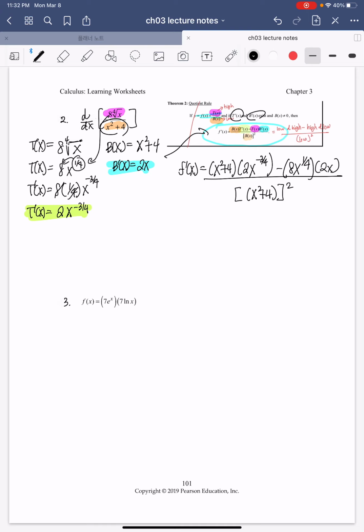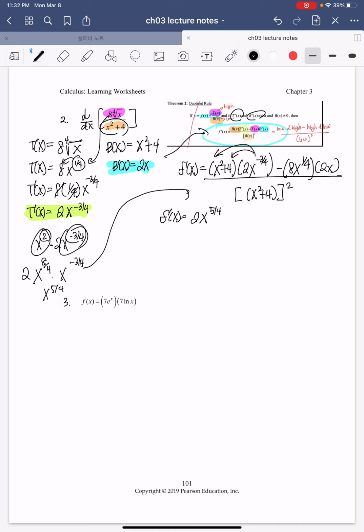Okay, now let's do some rearrangement. Distribute this. Distributing the first term, I have 2x to the 5 over 4. Why? Because x to the second power times 2x to the negative 3 over 4. You know that when you multiply, you add the powers. So that will be 2x to the 5 over 4, and that's where I got that.